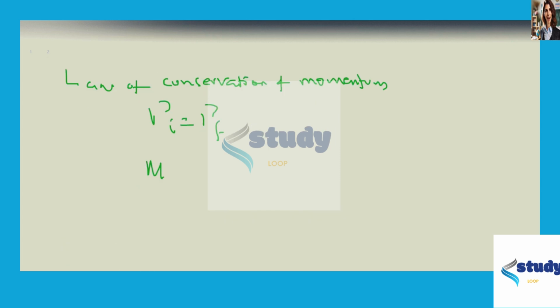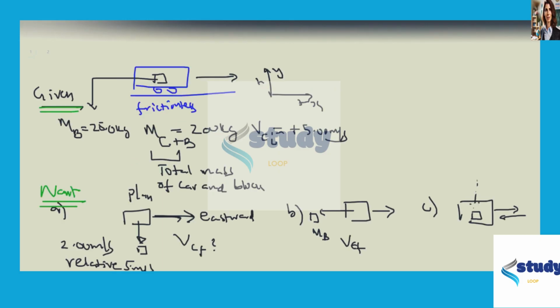So the mass of the car plus the block times the initial velocity of the car and the block. We're going to call it that way, so we're putting them together.